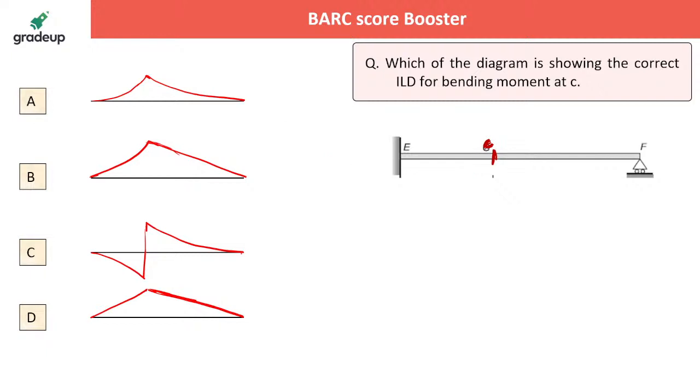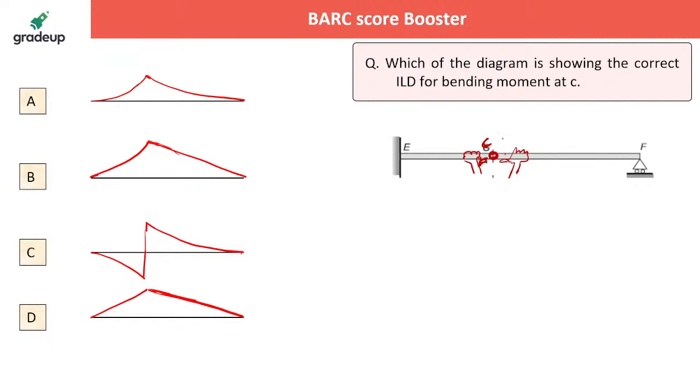Yes. Whenever it is asked for either shear force ILD or bending moment ILD, always provide the release. Release means if you want to draw the ILD for the bending moment at C, you provide a hinge at this location. Now you are providing a release to the bending moment at C. Then you hold it in your hand the way I told you, and just provide a rotation or twist at this location.